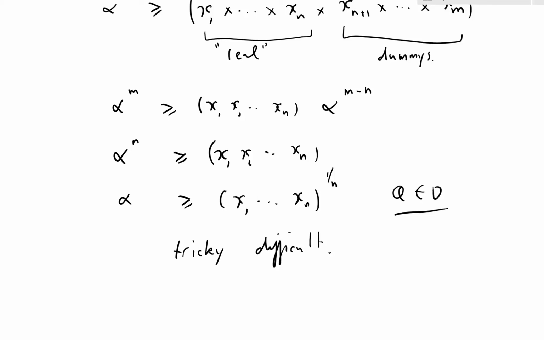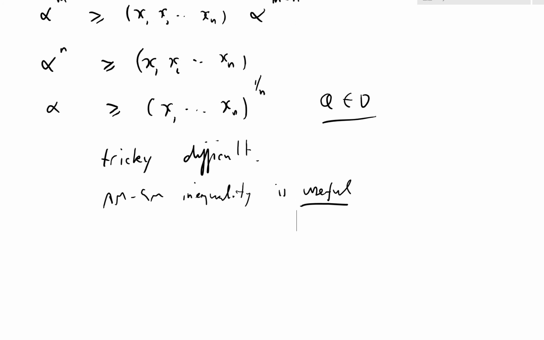And that tells me that the arithmetic geometric mean inequality is useful. It is a useful, clever, pleasing, powerful, tight inequality, and it crops up in Olympiad questions over and over again.